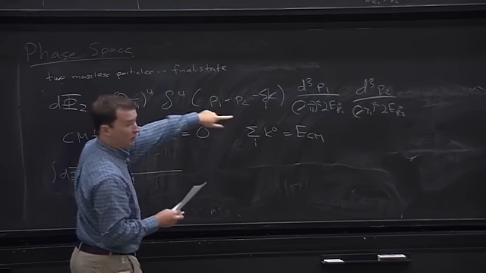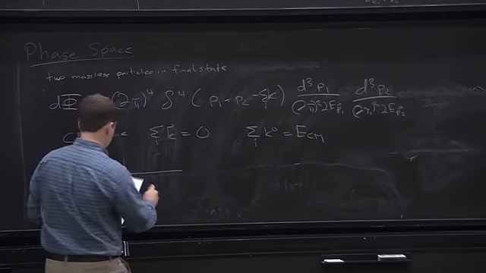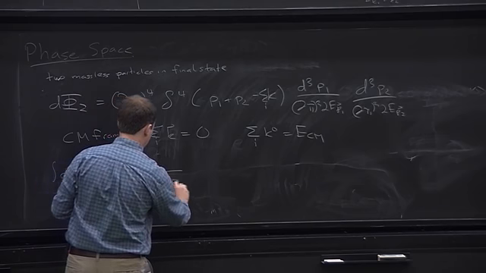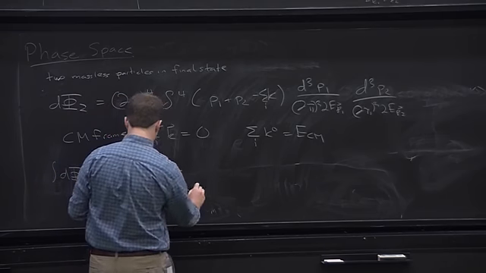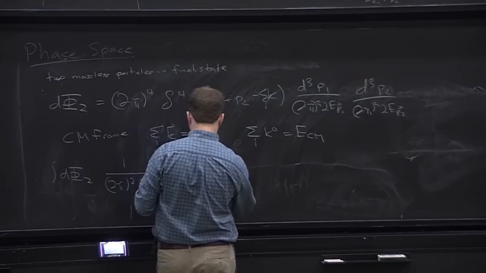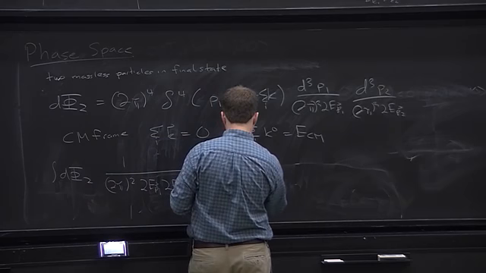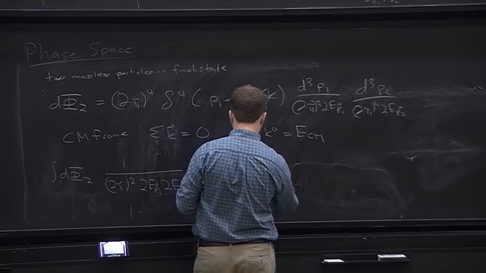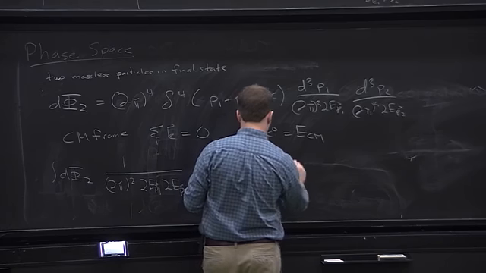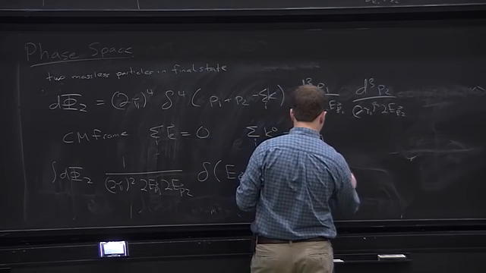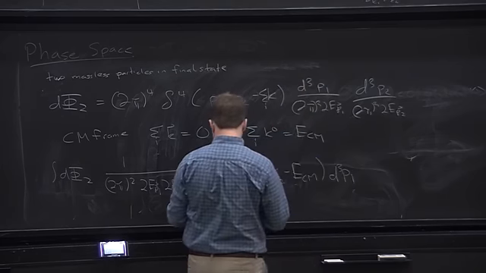We've got 4 upstairs, 6 downstairs. And we have 2E_p1, 2E_p2, and 1 delta left over. So that tells us that the final energy is equal to the initial energy.